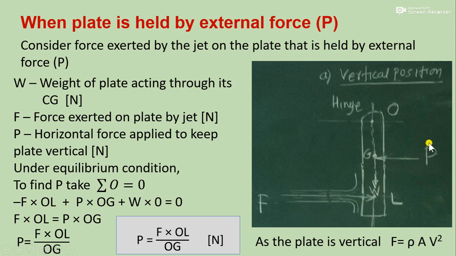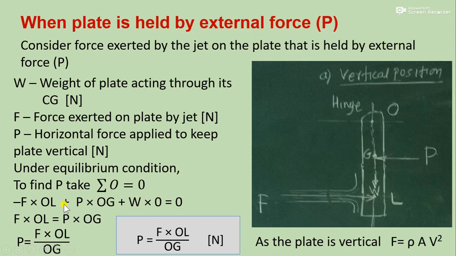Then the moment due to the external force P is P multiplied by the distance between its line of action and the hinge point, that is distance OG. So P into OG is a moment in clockwise direction about the point O, that's why the sign is plus.